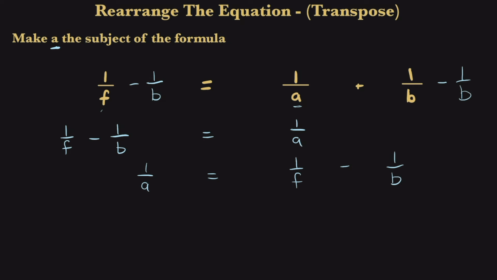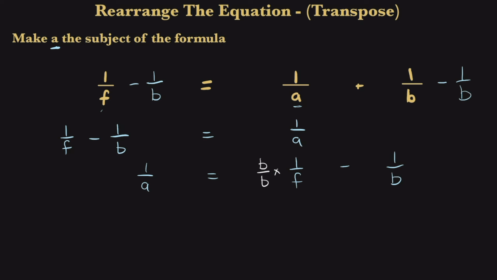Now what I'm going to look to do is bring these two terms together. So instead of having two terms, I just have one term. And the way that I'm going to do that is I'm going to multiply them by a fraction that is going to bring them together. 1 over f, I'm going to multiply that by b over b.